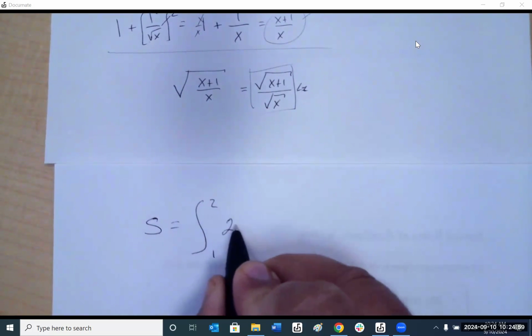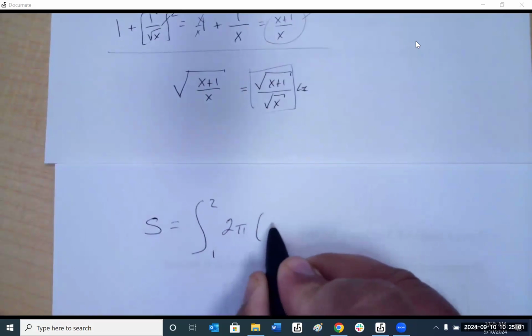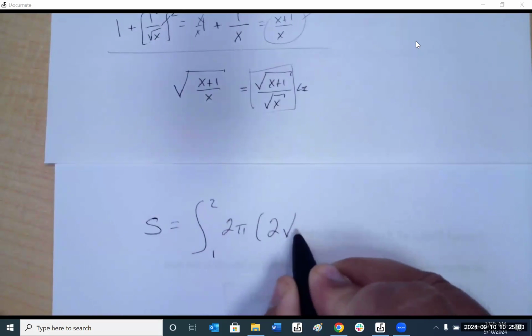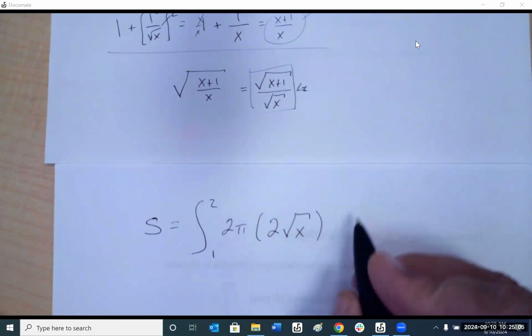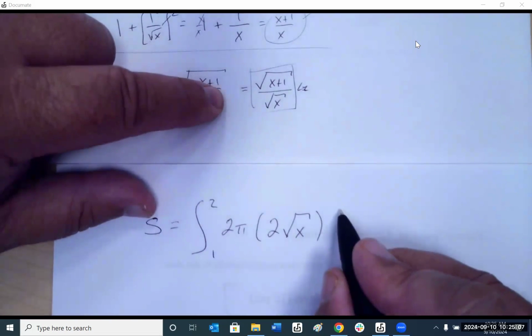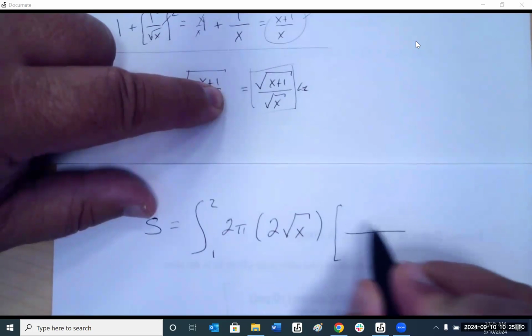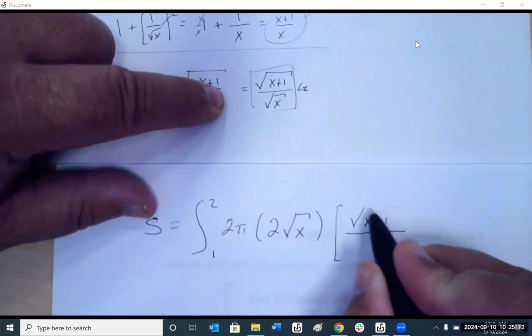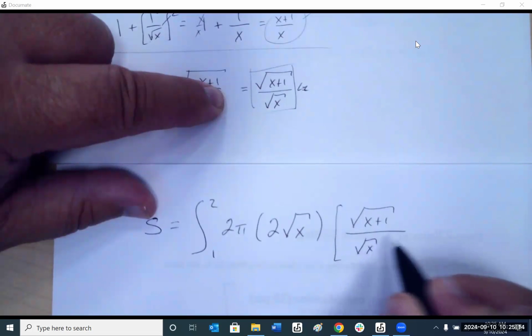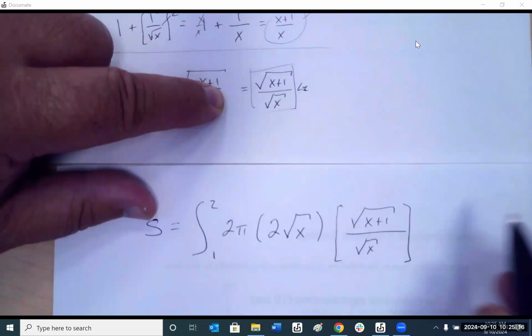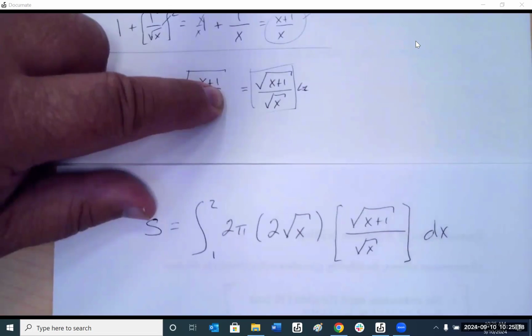One to two, we have 2 pi, 2 square root of x, square root of x plus 1 over square root of x, dx.